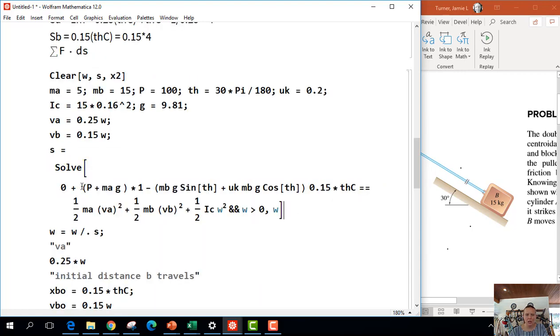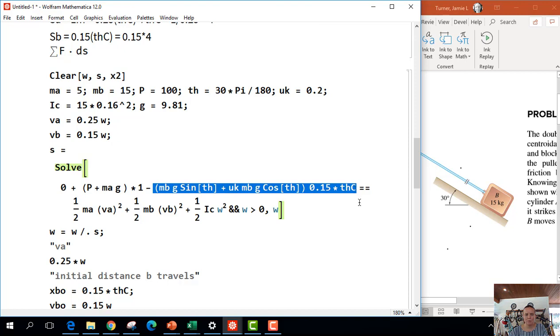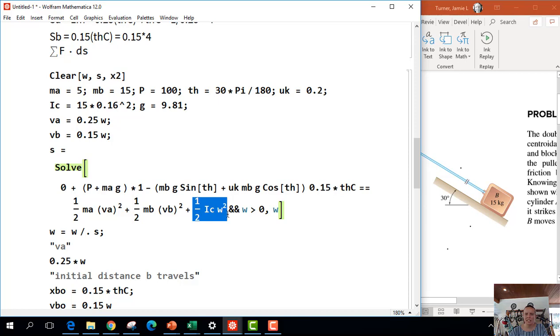So we have force through a distance for A, force through a distance for B, and then the final energies for everything. So we have the final kinetic energy for A, the final kinetic energy for B, and the gears are rotating. So 3 pieces to that final energy. Because it's squared, you get a positive and negative solution, so this just gives me the positive solution coming out of here.